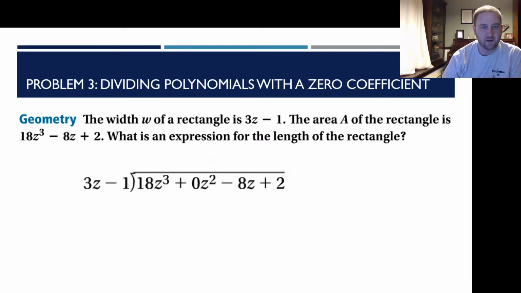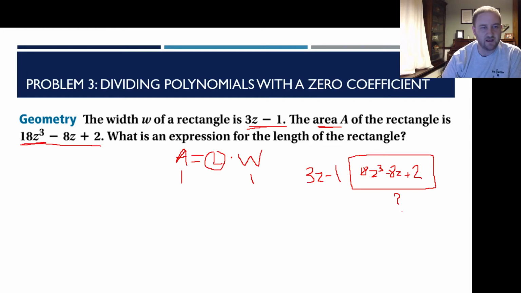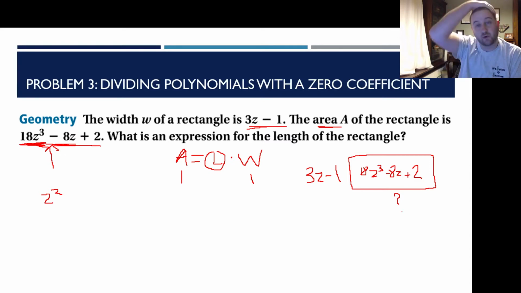Now one thing we need to do: you might notice that we've got 18z cubed minus 8z, and we are missing a z squared term. We don't just leave it out when we're dividing. We actually have to include it, with a coefficient of 0.